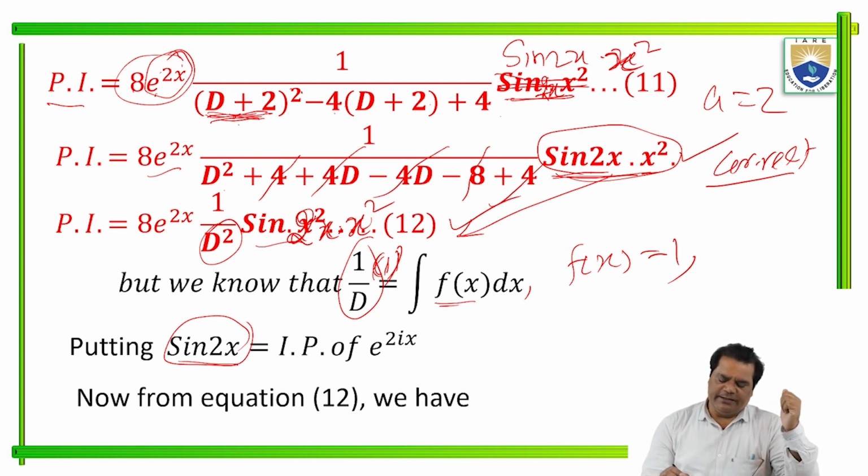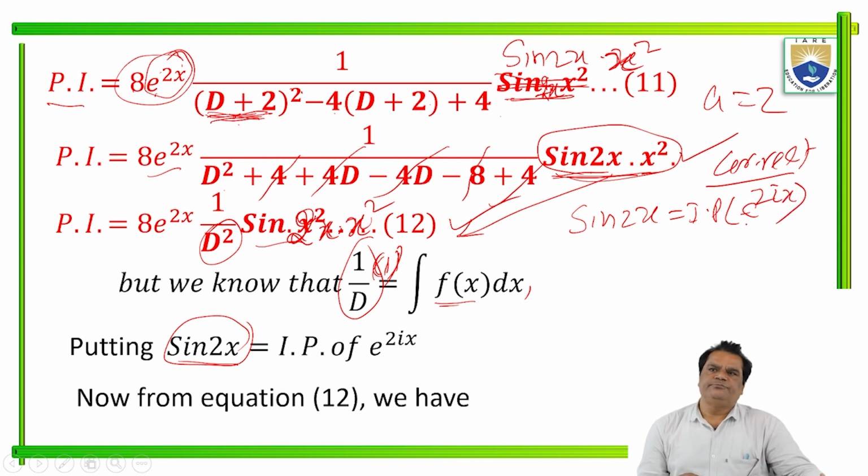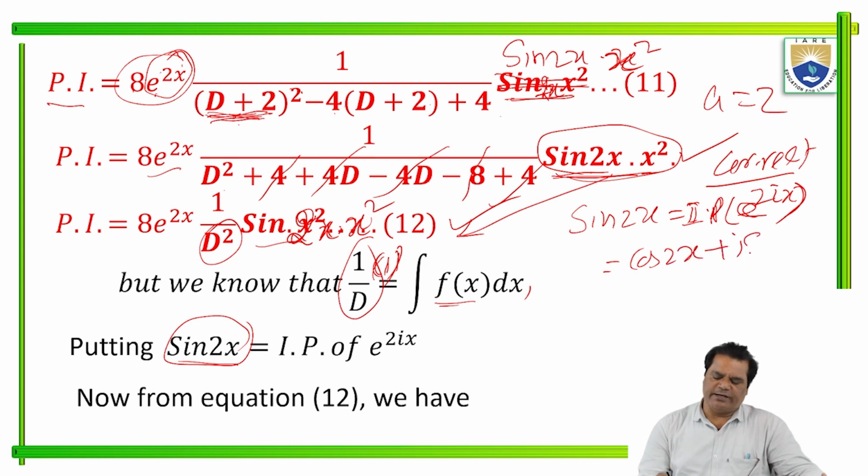We write sine 2x equal to the imaginary part of e to the power 2ix, because the formula is cos 2x plus i sin 2x, so this is the imaginary part.